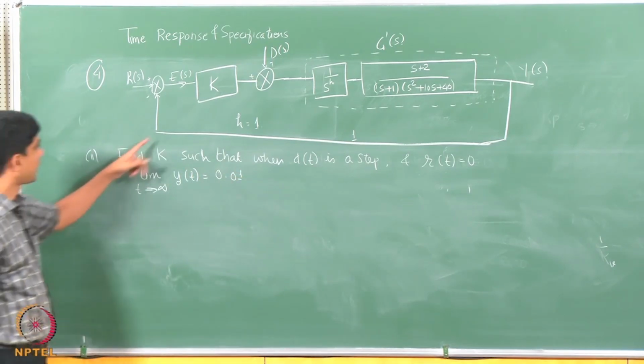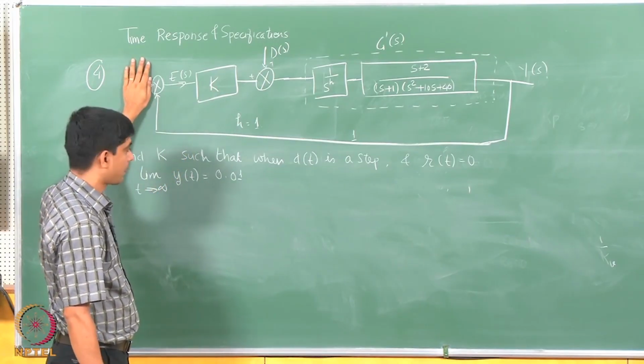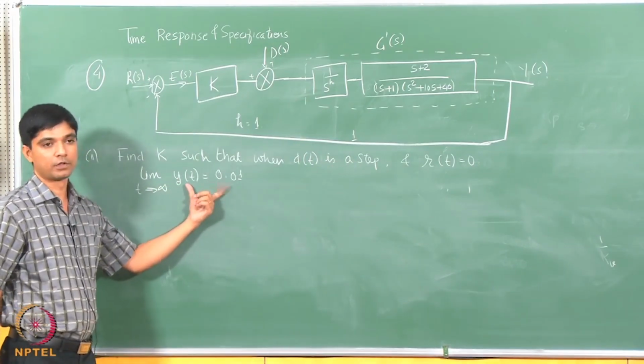So, I want to find a gain k such that when there is no reference and a disturbance which is a step, y(t) should go to 0.01.